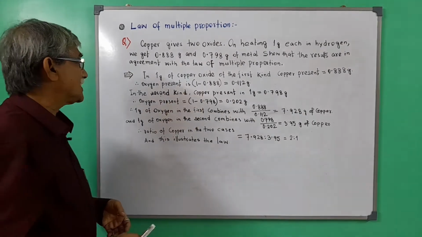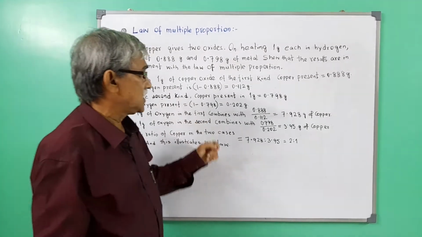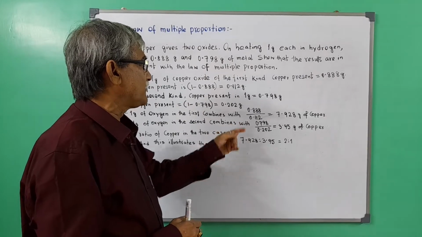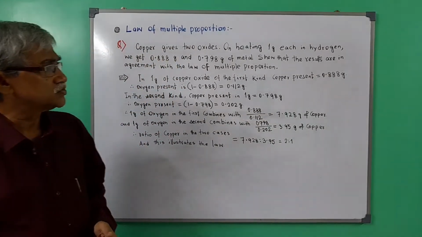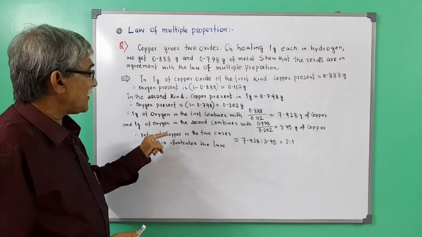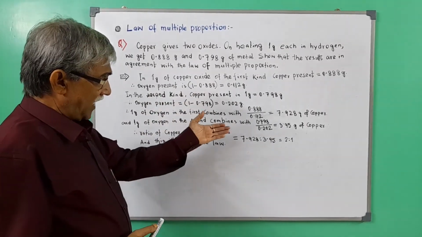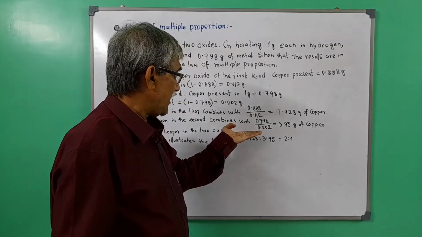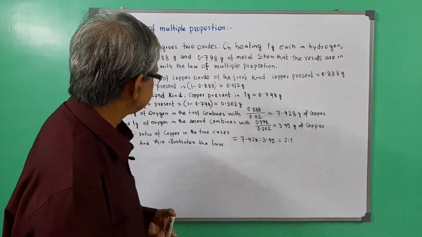Therefore, from the workout we can see that 1 gram of oxygen in the first oxide combines with 0.888 by 0.112, that equals 7.928 gram of copper. And 1 gram of oxygen in the second copper oxide combines with 0.798 over 0.202, that equals 3.95 grams of copper.